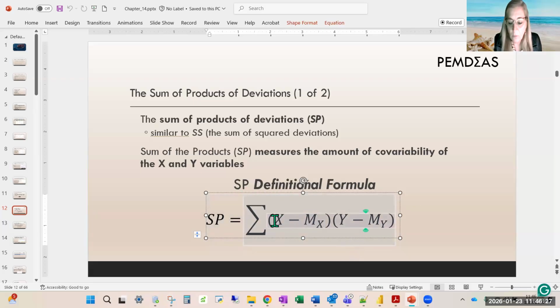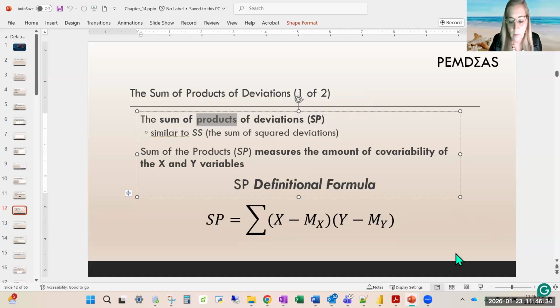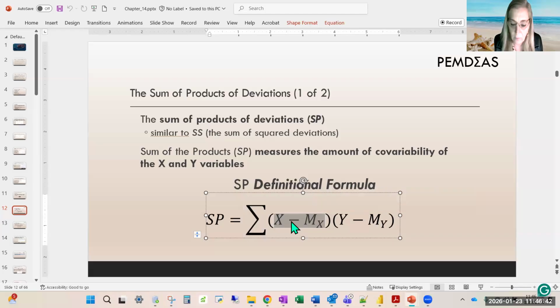Hence, the multiplication step in this process is why we call it the sum of products, right? Products refers to multiplication. So it's the sum of products of deviations. And yes, we are calculating deviations, the average amount each score deviates from the mean for each of our variables, x and y.